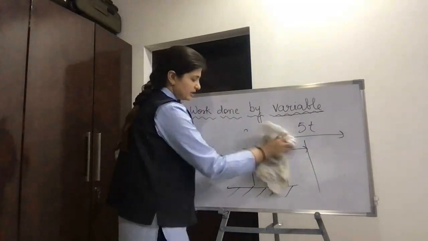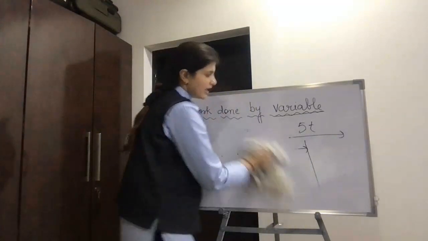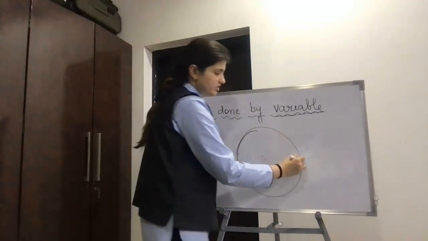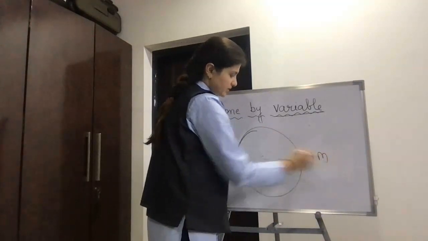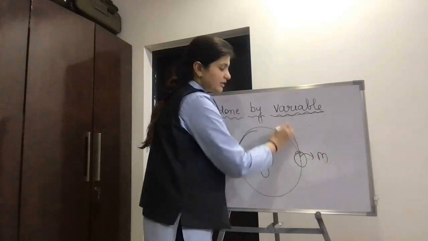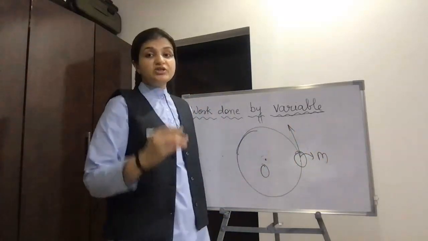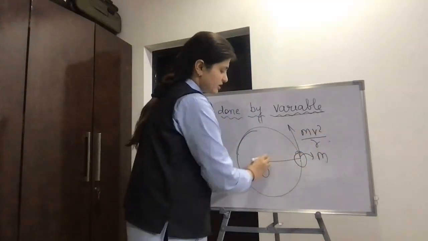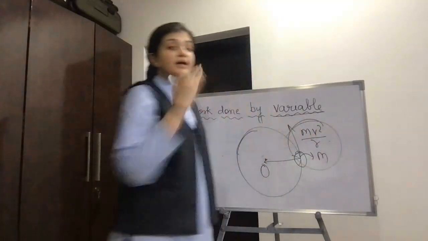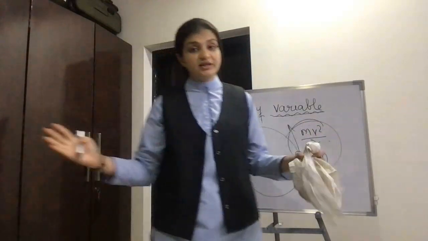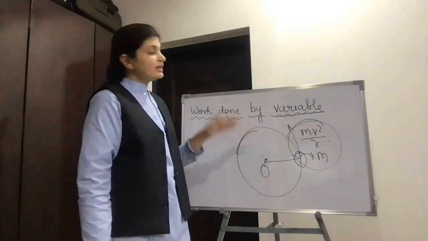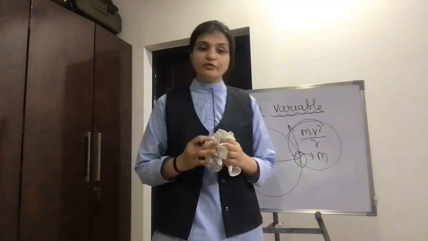If an object of mass m is revolving around the center of a circle, its magnitude remains the same, but its direction is changing with respect to the revolution. So we call it a variable force.